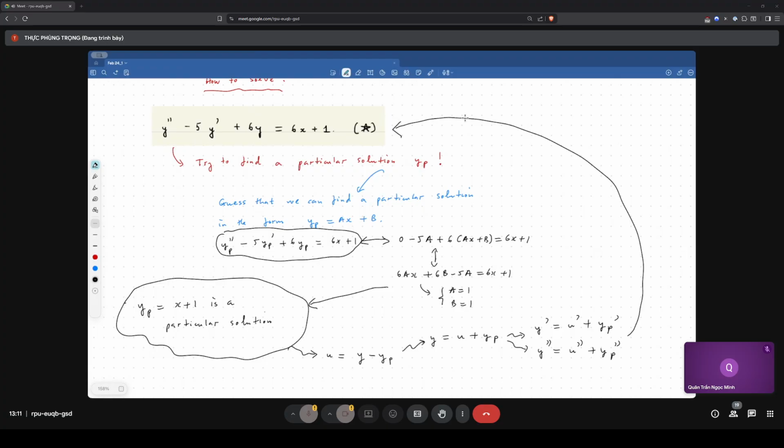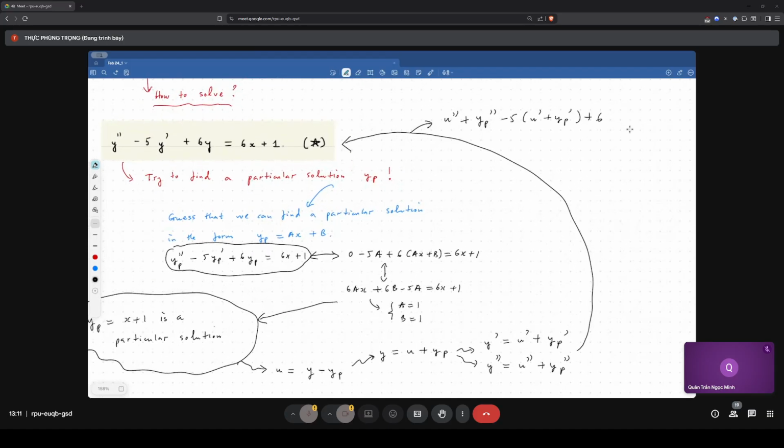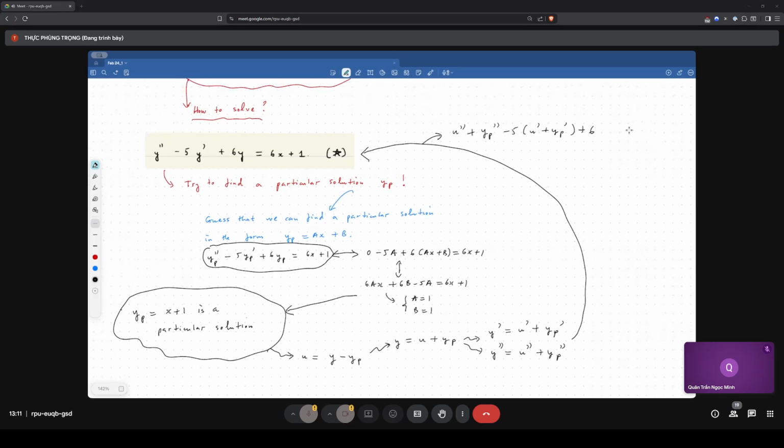Then you get u double prime plus yp double prime minus 5 u prime plus 6 u plus yp, equals 6s plus 1.